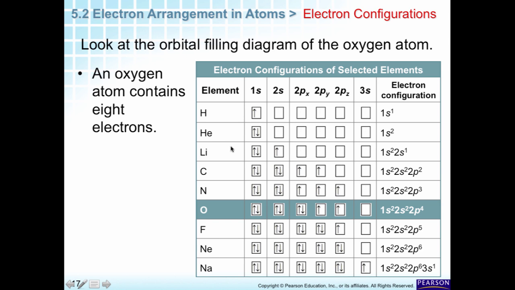All right, so here are some electron configurations up to the element sodium. Hydrogen has 1 electron in the 1s, so we can make a shorthand. Instead of writing the arrows, we can just write 1s with a superscript of 1.